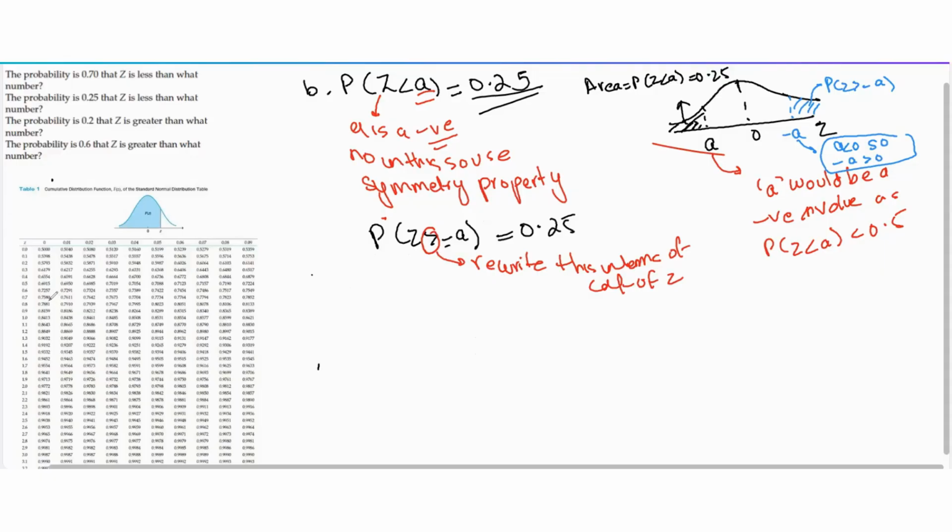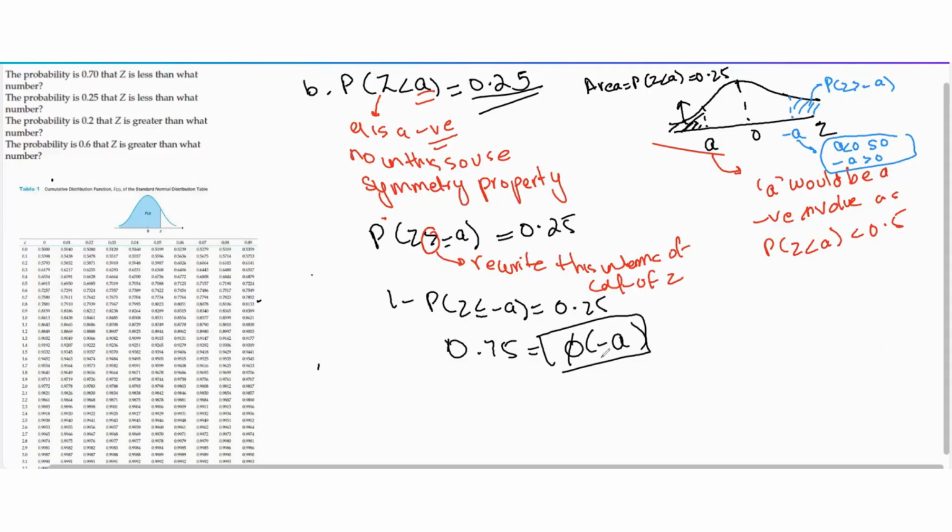This is important because the z table will not give you the probability of z greater than some value. It will only have probabilities for z less than or equal to some value. So it's 1 minus probability z is less than or equal to minus a is 0.25. If we simplify this, 1 minus 0.25 is 0.75, so now I can write this as phi of minus a, because the z table would have this probability.